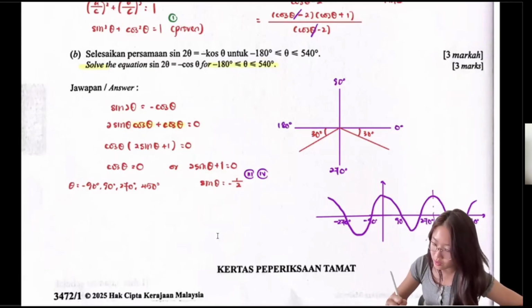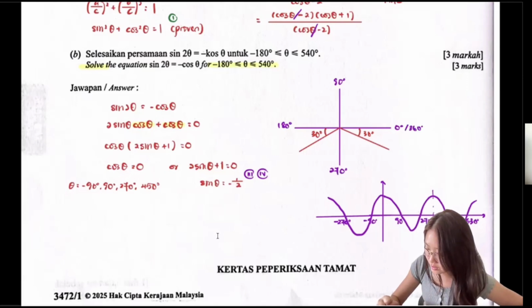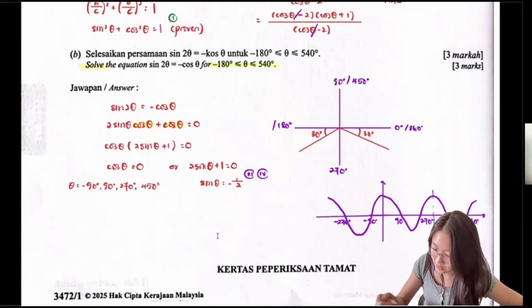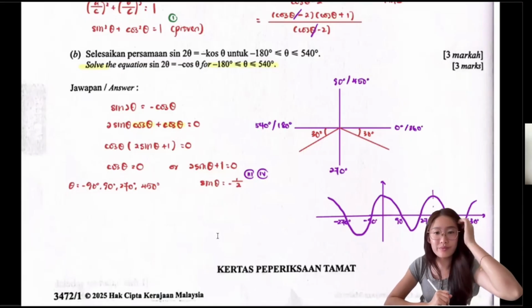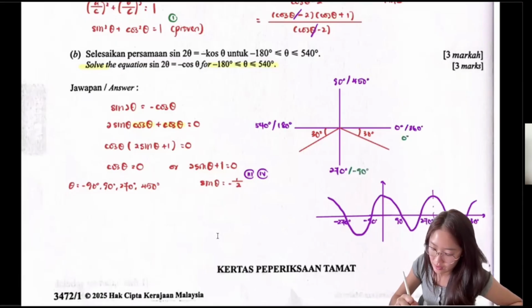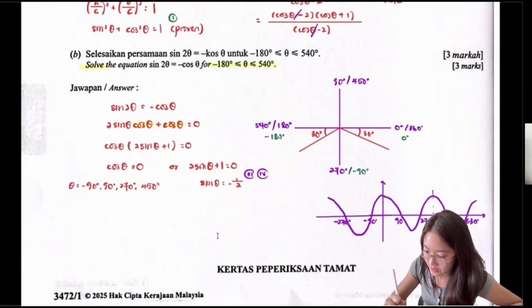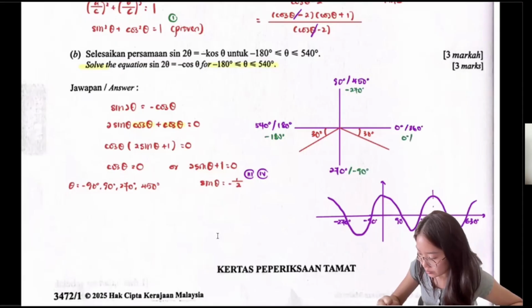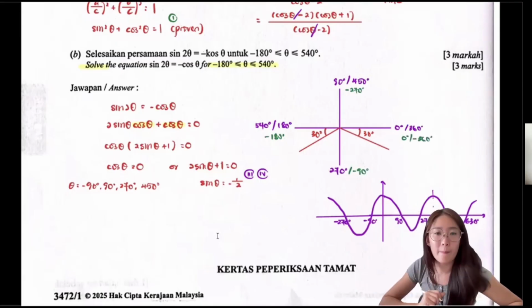All right, 180, 270, 360, and then this is 450, and this one will be 540. Okay, if it is negative angle, 0, negative 90, negative 180, negative 270, coming back negative 360.